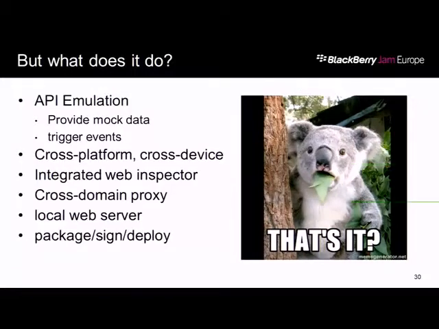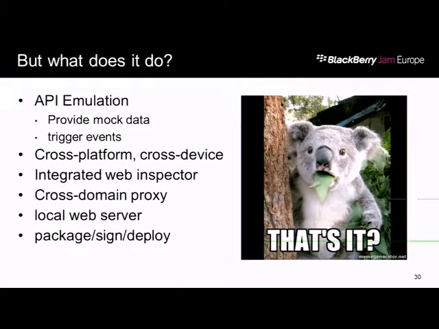It has an integrated web inspector, so it's integrated in the fact that Google Chrome has Web Inspector, and you can use it to profile and debug against your application, and I'll get a little bit more detail on that later. It also provides a cross-domain proxy. So by default, browsers shut down cross-domain communication for security reasons, but inherently, a WebWorks application has a certain amount of cross-domain in it.